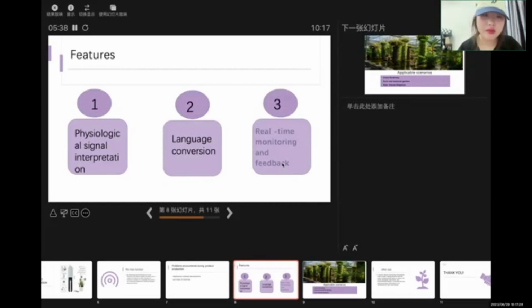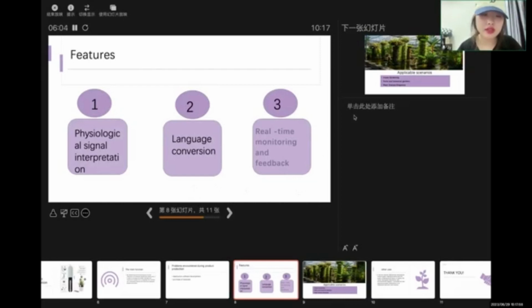The first main feature is physiological signal interpretation. The intelligent plant translation system is able to interpret the physiological signals emitted by plants, including the release of chemical substances, emission of volatiles, electrophysiological activities, and so on.